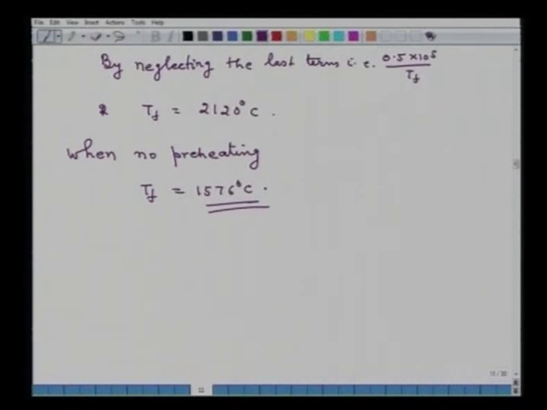Now, you can calculate the adiabatic flame temperature by considering, say for example, 500 degrees C as the preheat temperature of blast furnace gas and 200 degrees C as the preheat temperature of the air. All that you have to do, you have to collect the value of Cp, integrate it from 25 to 500 and get the sensible heat in air and sensible heat in blast furnace gas, add it into the heat of combustion and then you can find out the value of the flame temperature.